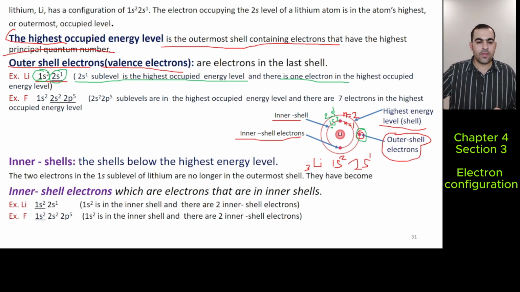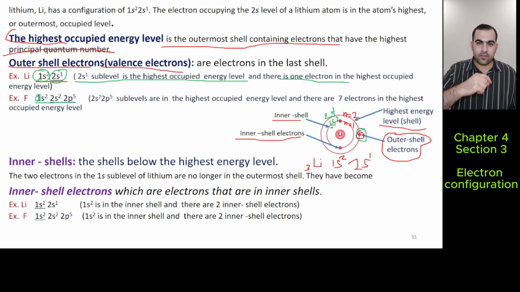Fluorine: 1s2, 2s2, 2p5. This number shows that 1s2 is in the first energy level, and 2s2, 2p5 are in the second. So there are two shells. The second one is the last shell.